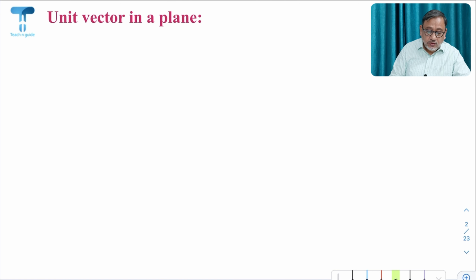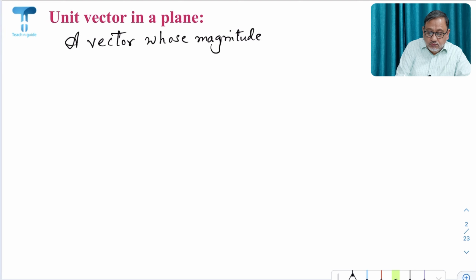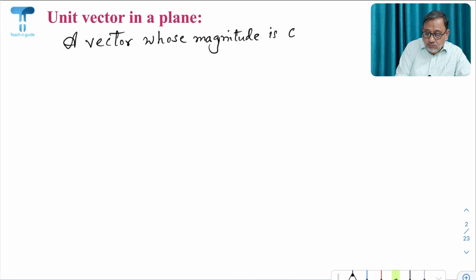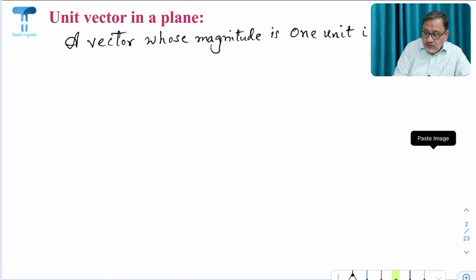Yeah, so unit vector in a plane. In a plane it was remaining. What is a unit vector? So unit vector, as we have already defined, is a vector whose magnitude is 1 unit, is a unit vector.